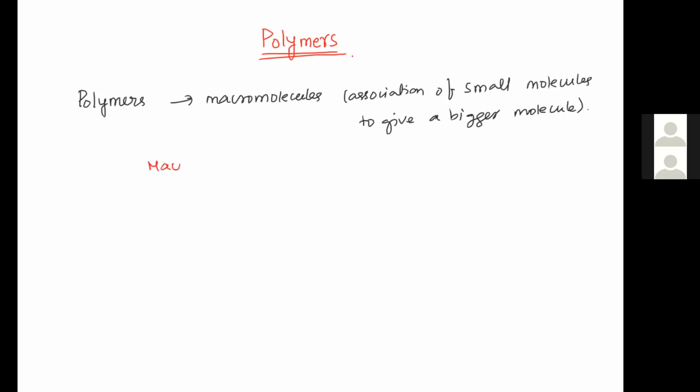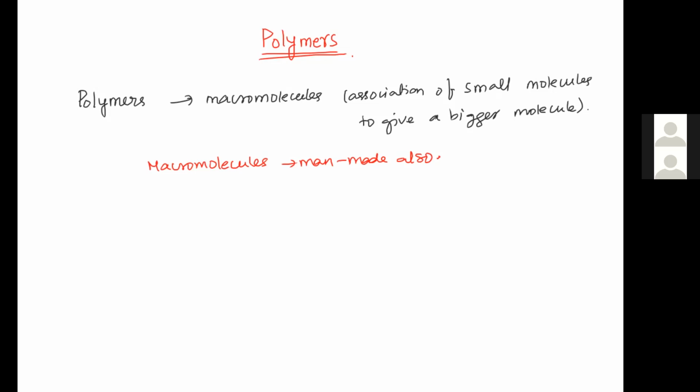Macromolecules, for example, all these natural molecules are actually macromolecules, but they can also be man-made. So what happens here? The first synthesis was actually aimed at making substitutes for natural molecules. We have rubber and silk, but then later we have hundreds of substances which don't have pure natural molecules.